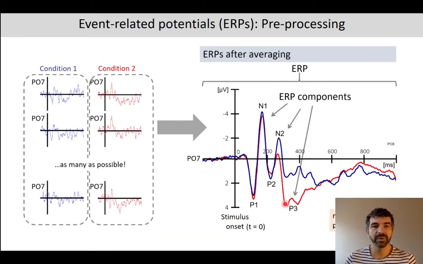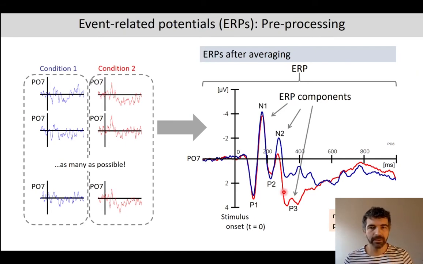Okay, and then what we see after averaging is this event-related potential here, and we can compare, for example, our conditions. Condition 1 and condition 2, here denoted as a blue and red line. And the interesting thing is now that we have distinct components in the ERP, for example, P1, N1, P2, N2, P3. There's others.